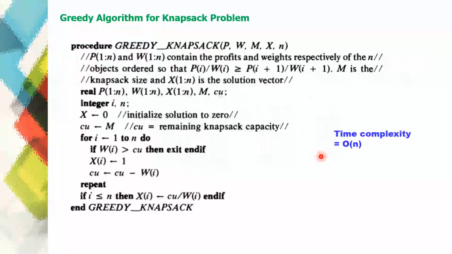So you can check out the algorithm in the textbook for whatever process I have discussed just now. This is the algorithm representation for the greedy knapsack problem. Knapsack problem solved using the greedy approach. Okay, and the time complexity of this algorithm is big O of n, where n is the number of objects that are given.